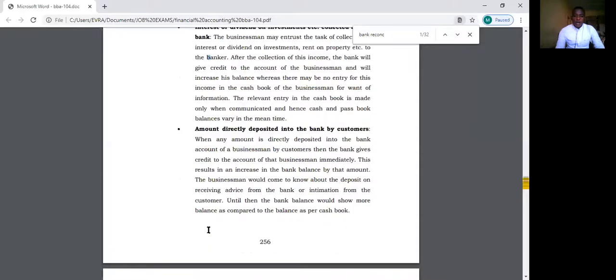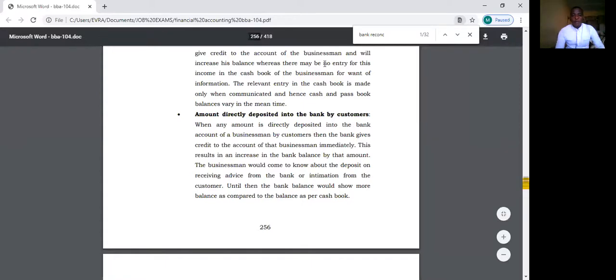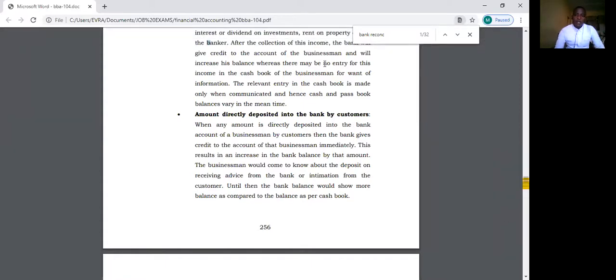Another cause can be an amount directly deposited into the bank by a customer. Here it means that some amount is deposited into your bank account, and you don't know where that money comes from. That is what we call a direct deposit. Do you understand? Because it is a direct deposit, you don't know where the money comes from.